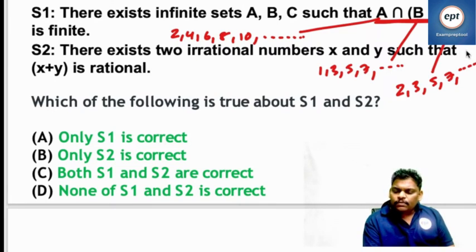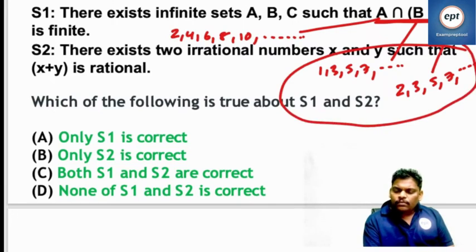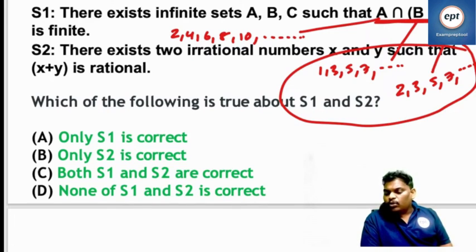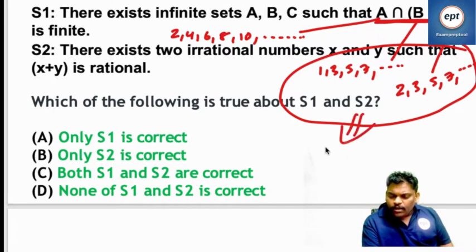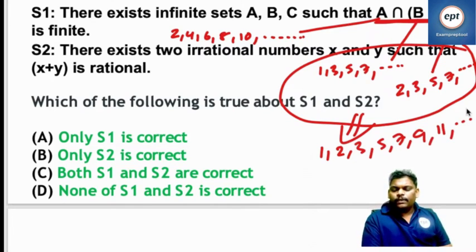What is the result? Odd number union prime number. What is the answer? I think all odd numbers: 1, 3, 5, 7, 9, 11. Odd numbers union prime numbers will give all odd numbers, because odd numbers are more.